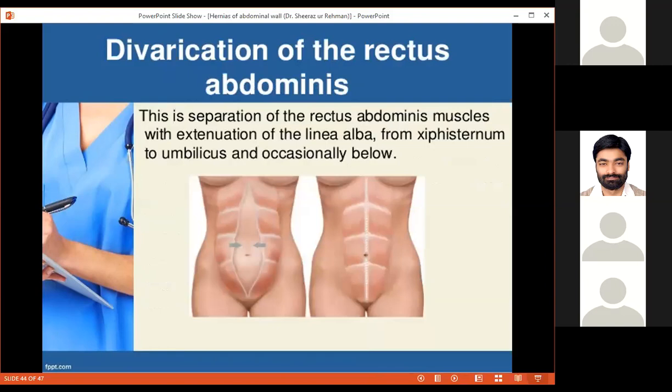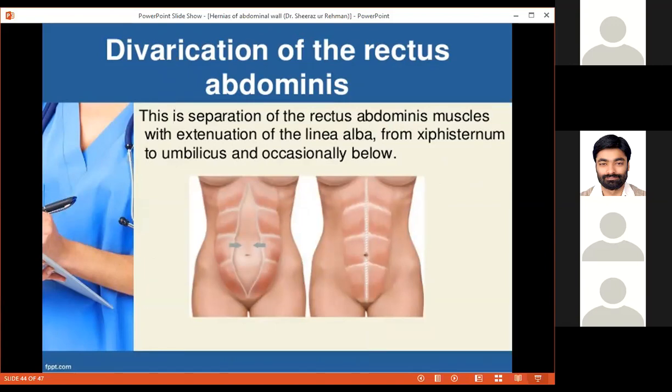There is one more entity which is known as the divarication of recti. In the divarication of recti, it is important to understand that the patient usually presents with an abdominal swelling. But not all abdominal swellings which have a cough impulse mean that they have a hernia, because the muscles get separated from the midline, as you can see in this picture.